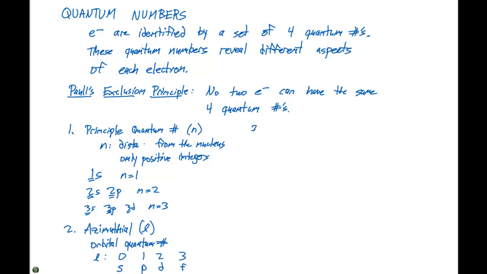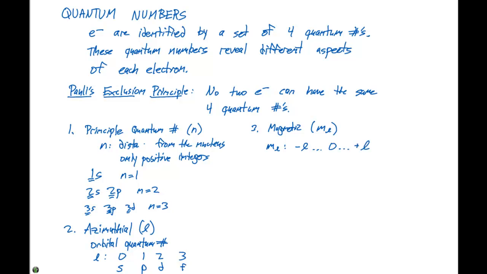The third quantum number is the magnetic quantum number, and it's abbreviated m sub l, so a lowercase m with an l subscript. This indicates the 3-dimensional orientation of the electron. m sub l can have values from minus l through 0 to positive l.